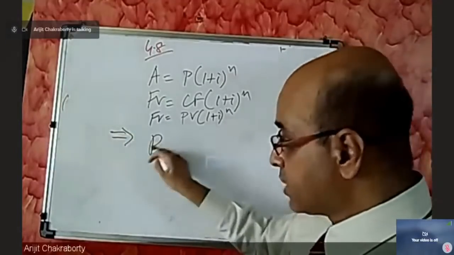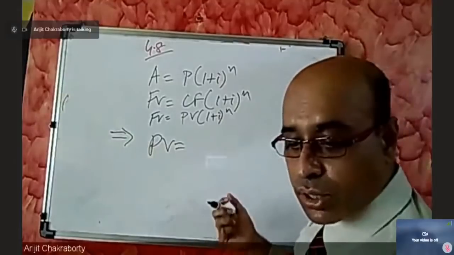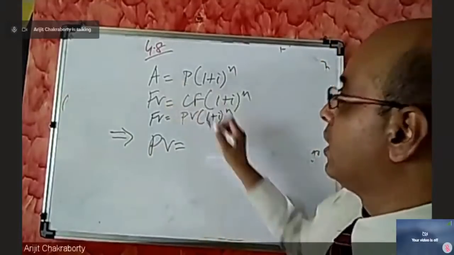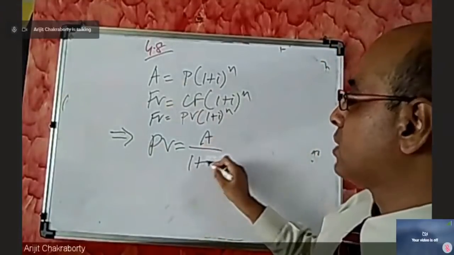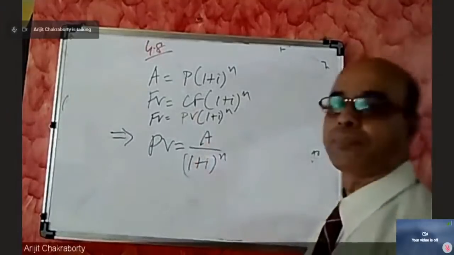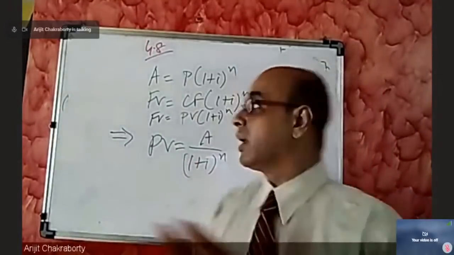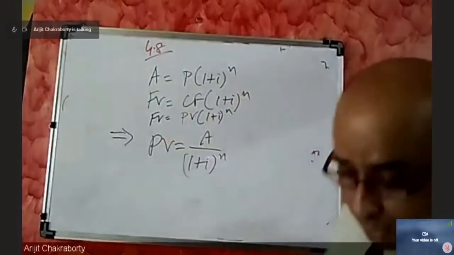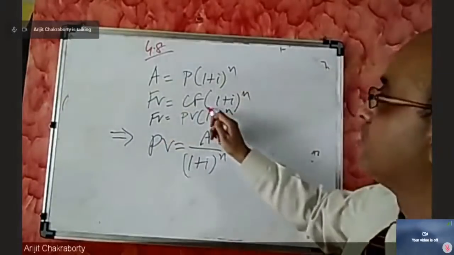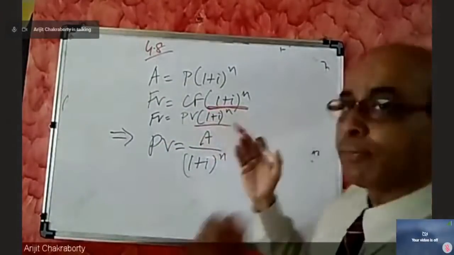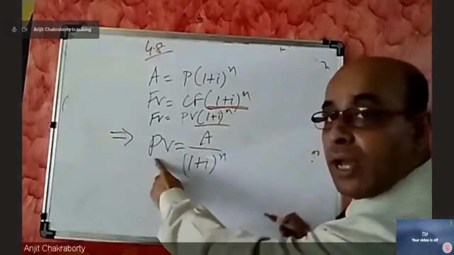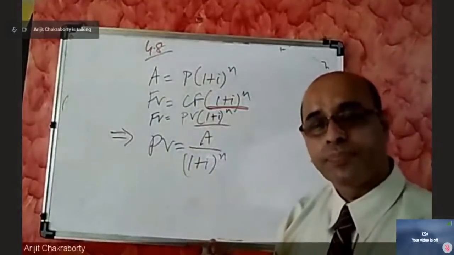So the present value is equal to A by (1 plus I) to the power n. In case of future value we were multiplying this part, but in case of present value it will be the opposite, division.